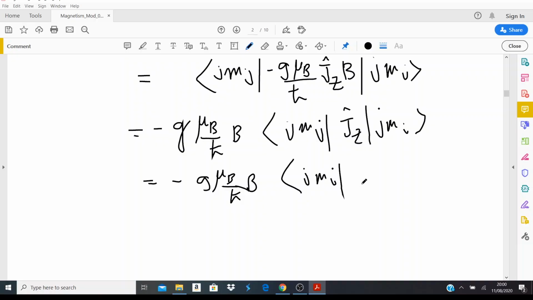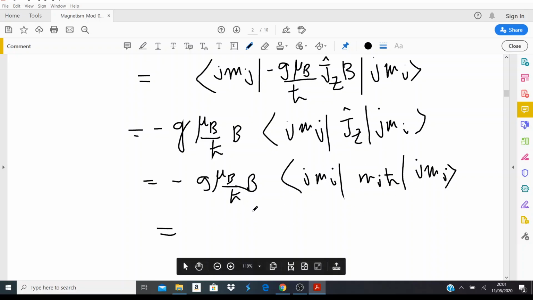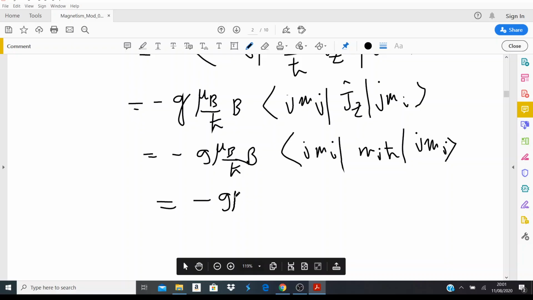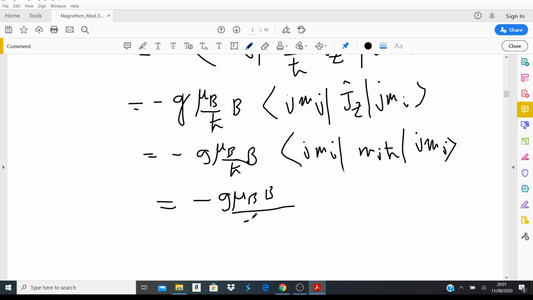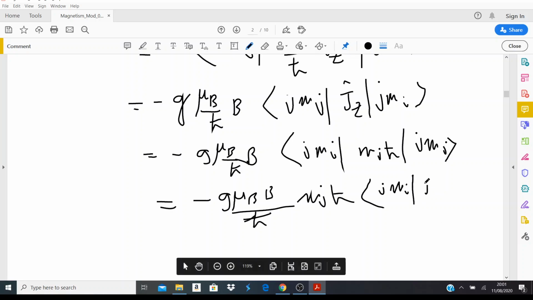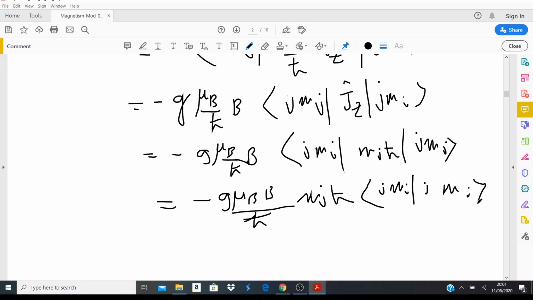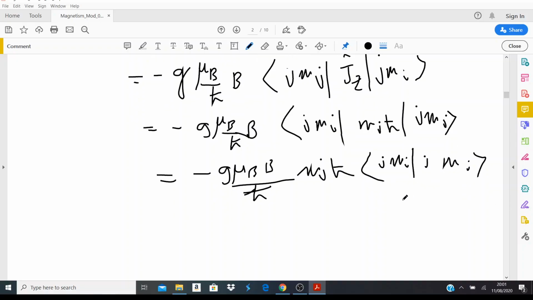So we have g mu B by h bar, magnetic field. Here we have Jz on J Mj, and this is nothing but Mj times h bar times J Mj. And this is just a number, so you can bring it out. So we have minus g mu B B h bar Mj, and the inner product between bra J Mj and ket J Mj. From the orthonormality, we know this is 1, and so the expectation value of energy is just this one.